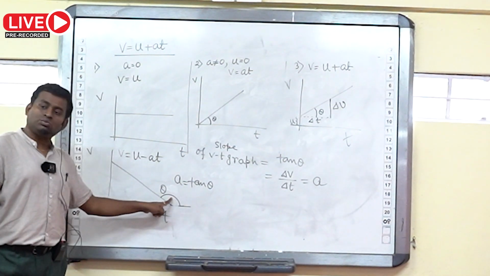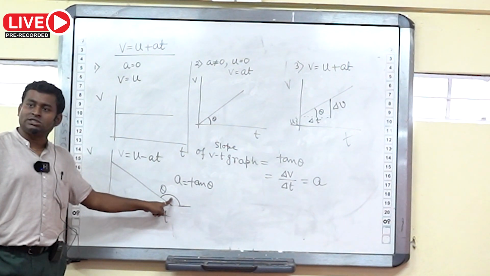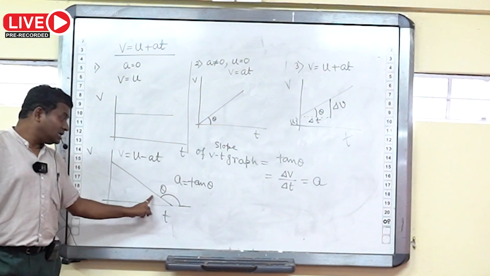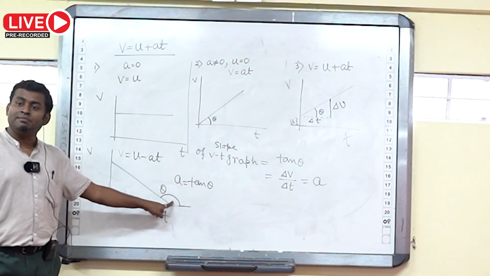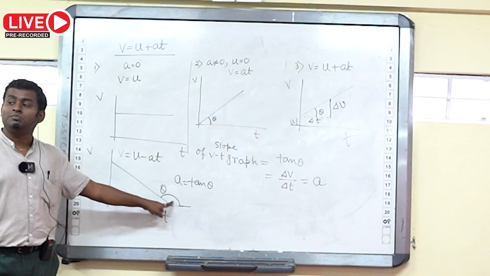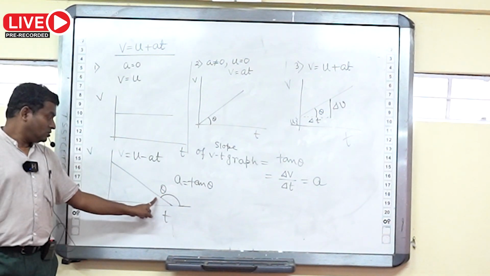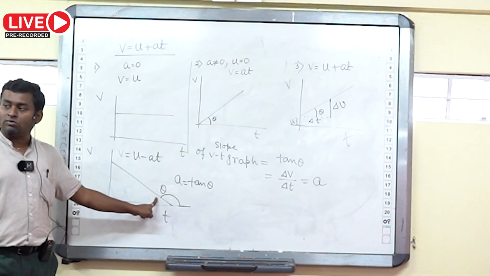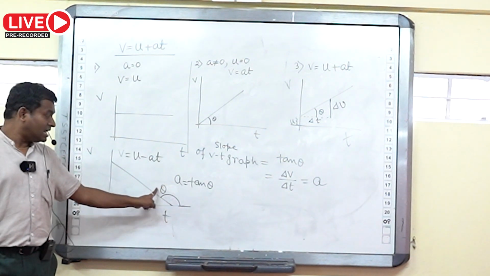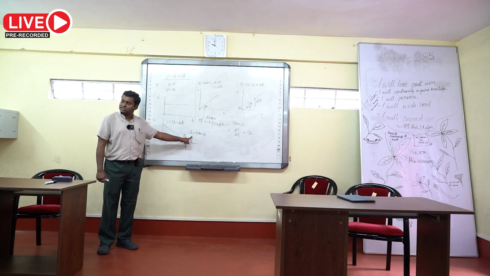So this one is the angle with the positive direction of the time axis, not the included angle. Remember, the angle between the positive direction of the time axis and this graph is taken as the angle for calculating the slope. Now tan of this angle will be equal to acceleration.